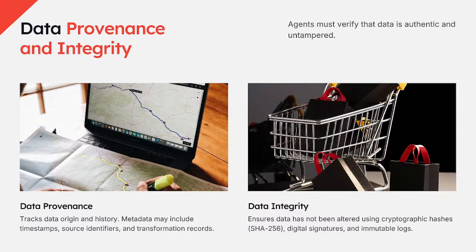This allows you to know how the data is moving from one stage to another through the orchestration system, and it can allow you to detect where there is corruption or breakage in the system, or where the system has been mishandled in any of these stages. Metadata may include timestamp, source identifier and transformation record.